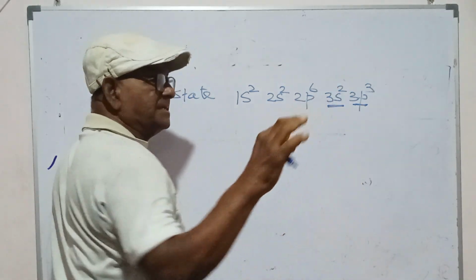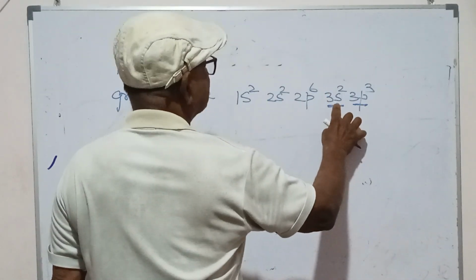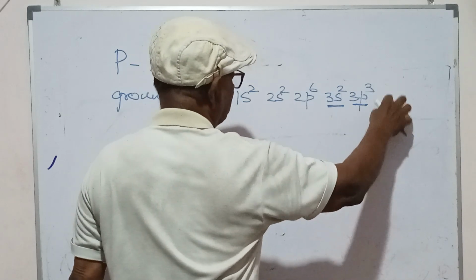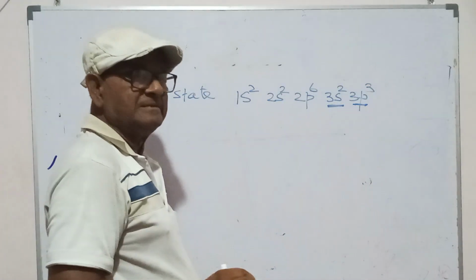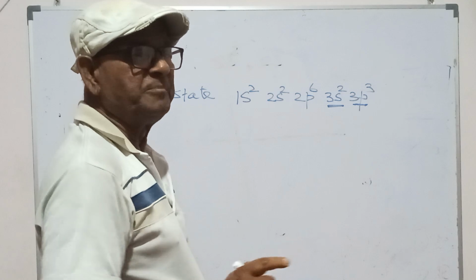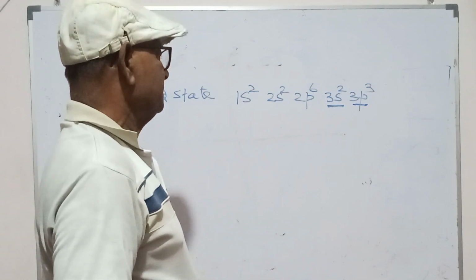So there are three types of sub-energy levels, S and P and D also. The D sub-energy level is also present in the third energy level. Right? This is the difference between carbon and phosphorus. This is the ground state configuration.